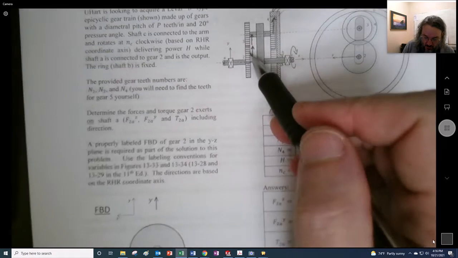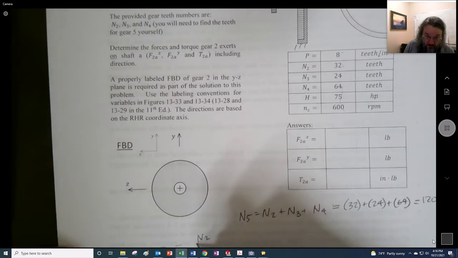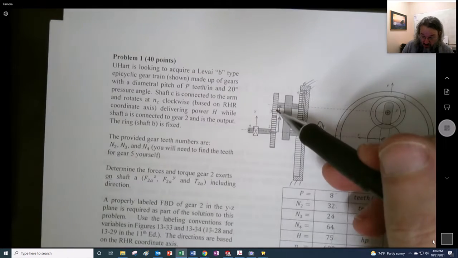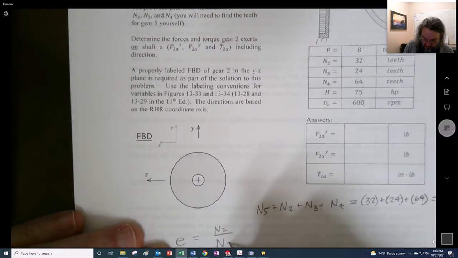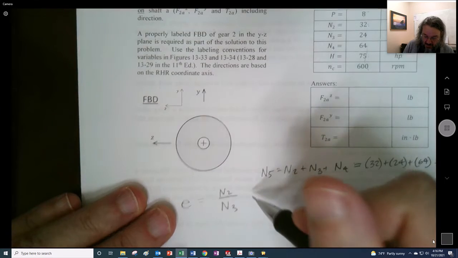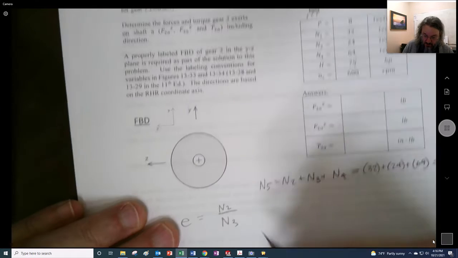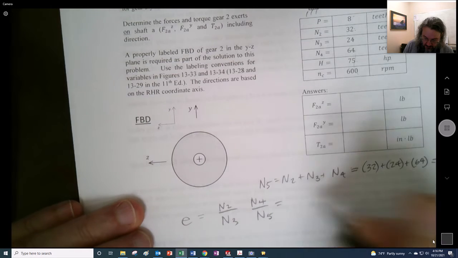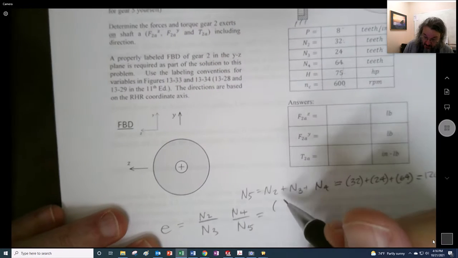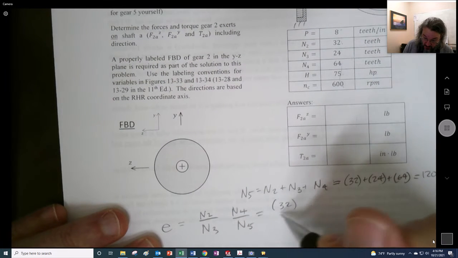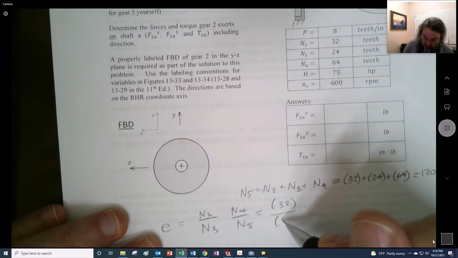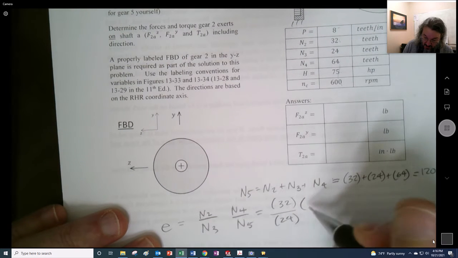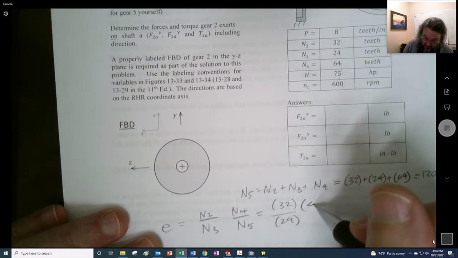So we're going to say that N2 drives N3, and then N4 drives N5. So we have 32 over 24, and we have 64 over 120.